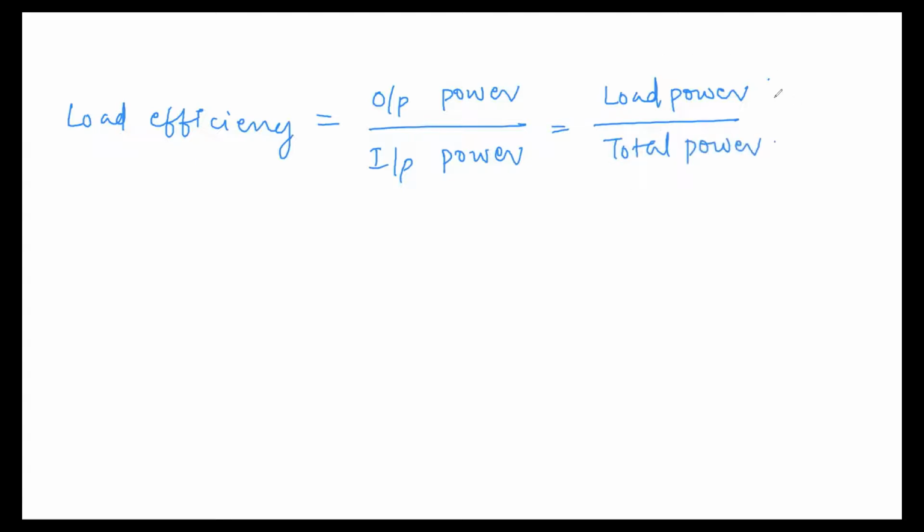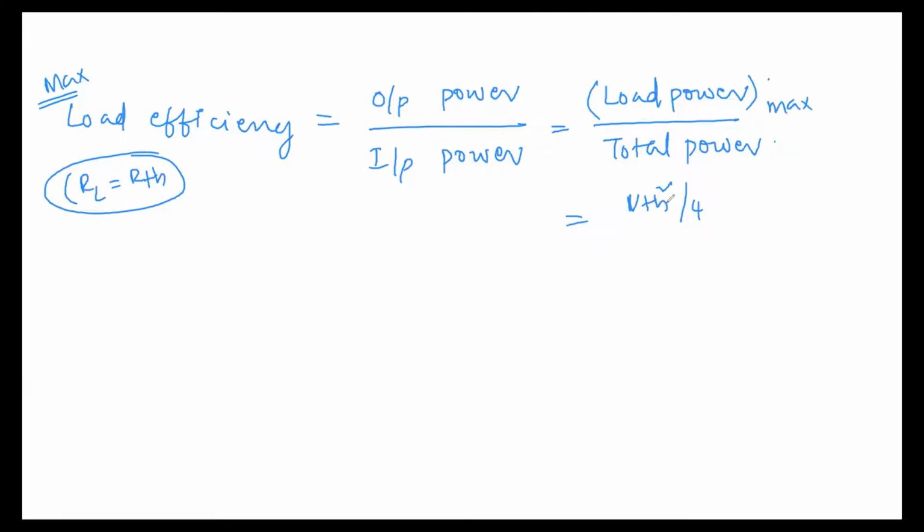So what is the load power? PL maximum. So this is maximum load efficiency. As we are finding maximum load efficiency, the condition will be RL is equal to RTH. So the load power is VTH square divided by 4 RTH, divided by VTH square divided by 2 RTH.